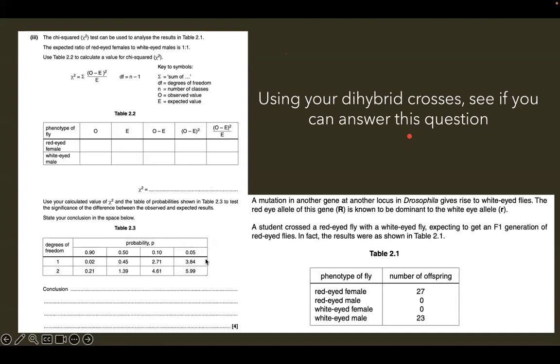So we're going to use this value here. I've given you a hint there already. And you just need to compare this value here, 3.84, with your chi-squared value, and that'll give you your conclusion, whether there is a statistical difference between the observed and the expected values, or there isn't a statistical difference, okay? So I'll give you a few minutes to have a go at that, guys. And then I'll walk through it.